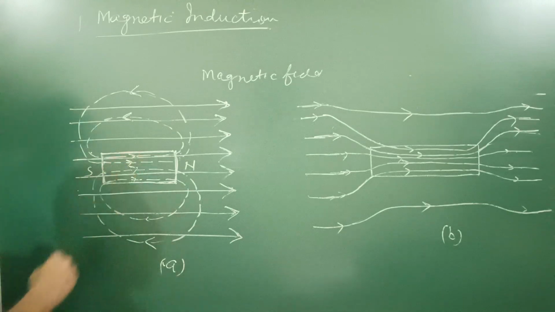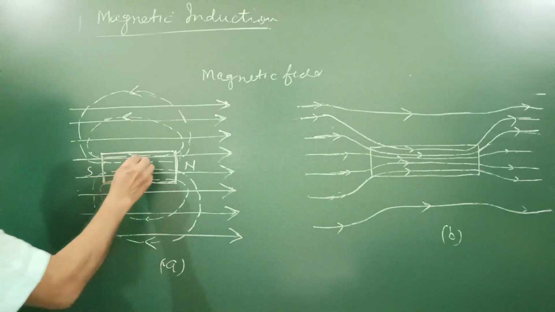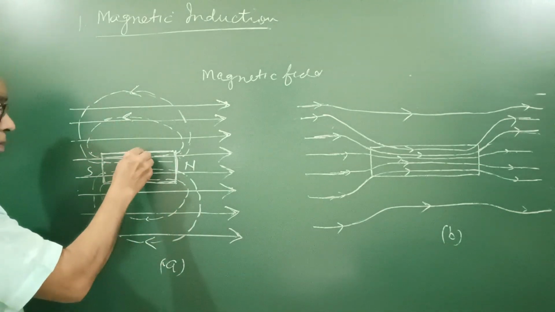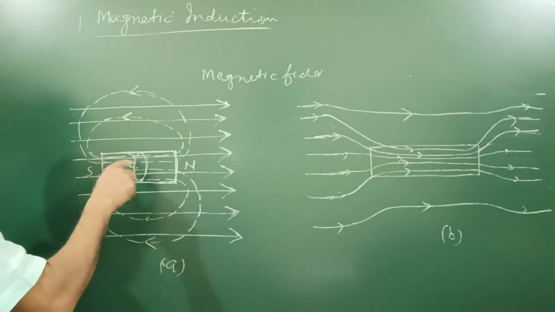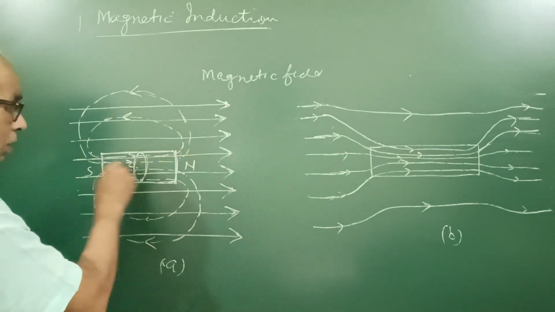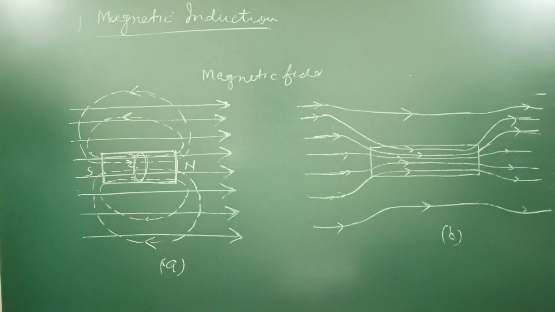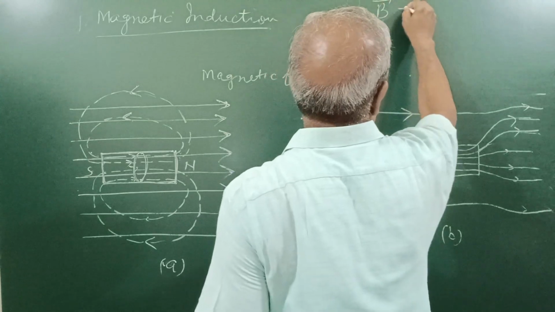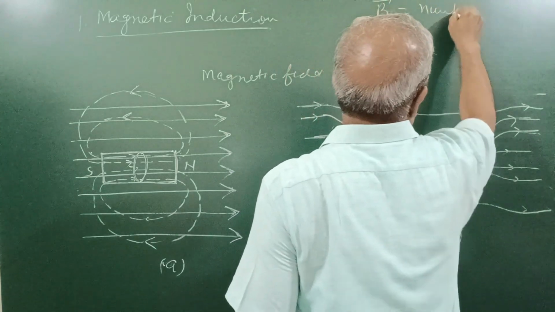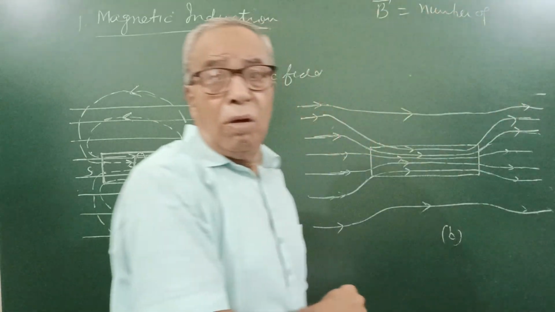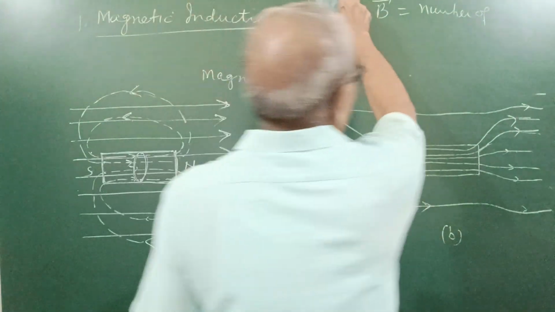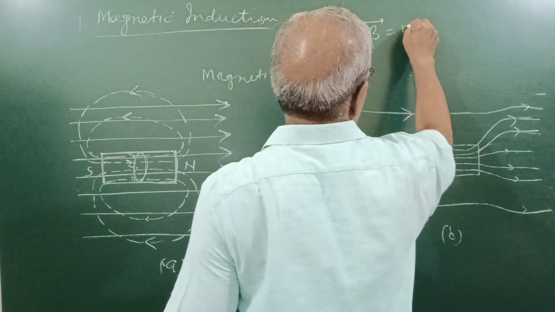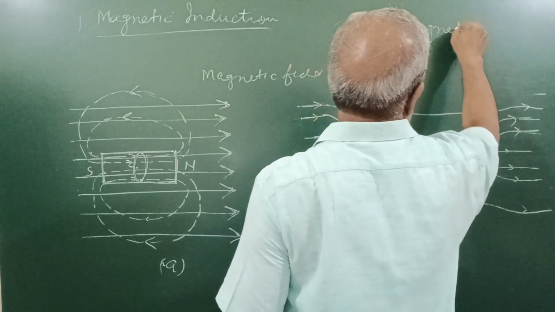The number of field lines per unit area, this is the cross-section area of the bar. The total number of field lines per unit area, the original one and the induced one, is called magnetic induction. We write it as vector B. B is called magnetic induction.